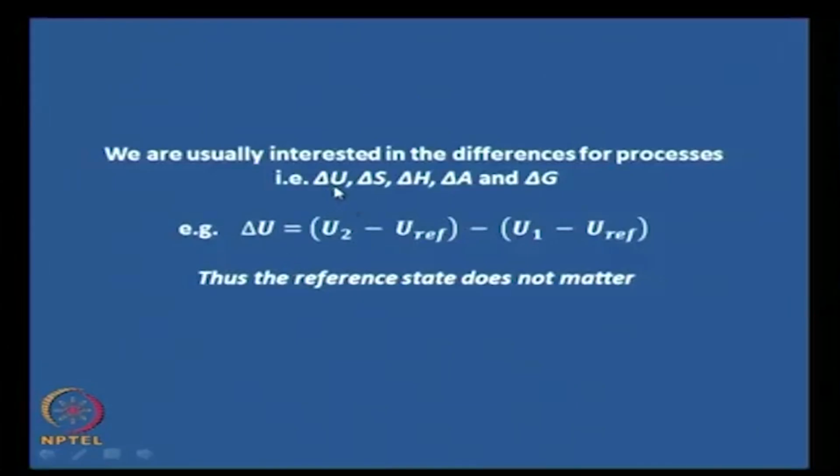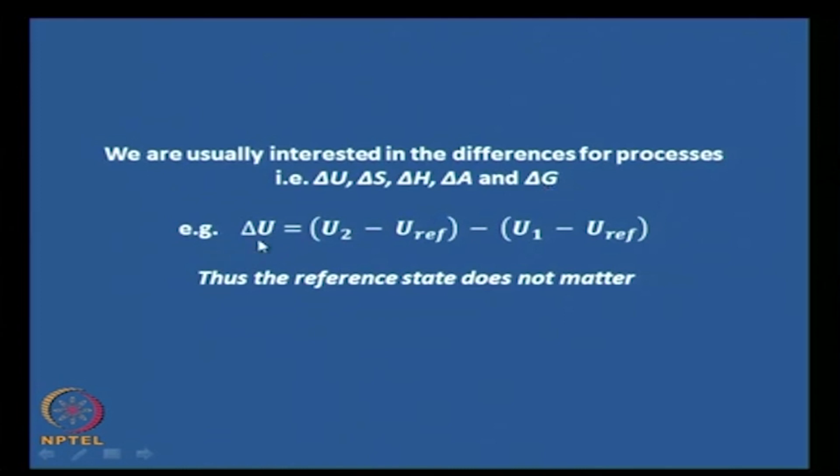When we look at a process, we are usually interested in the differences in the thermodynamic variables, such as delta U. Delta U is the value of the internal energy at state 2, the final state, minus the value of the internal energy at the initial state. Similarly, delta S, change in entropy, delta H, change in enthalpy, delta A, change in Helmholtz free energy, and delta G, change in Gibbs free energy.